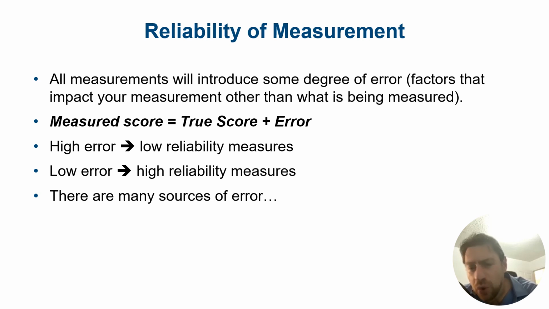So the measured score can be thought of as a combination of the true score, the actual thing being measured, plus the error. Okay. Now, if you have high error, you will have low reliability measures. And if you have low error, then you will have high reliability measures. Now, error comes in many varieties and from many sources. So let's talk about some of the sources from which error can come.